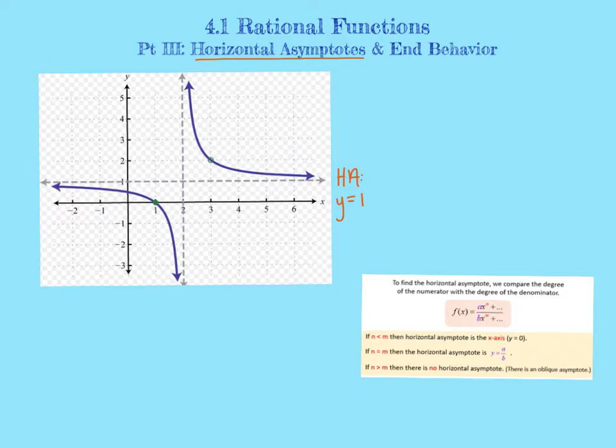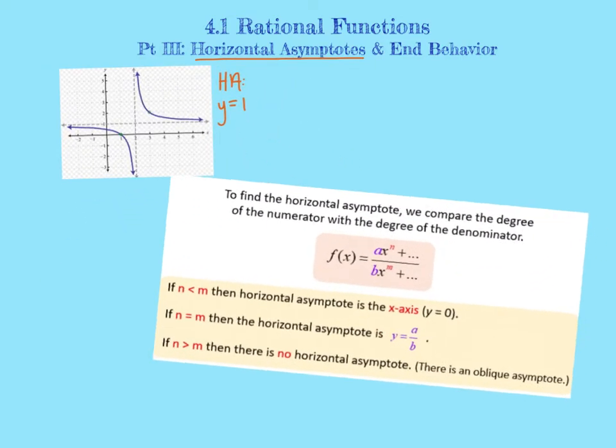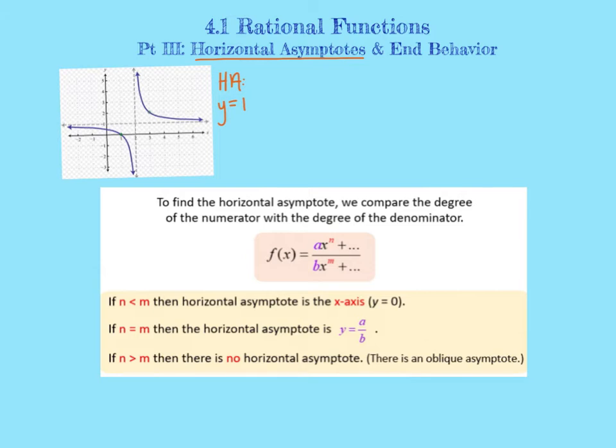So we do have a few rules for horizontal asymptotes, and I recommend that you write those down. We'll make this real small, and here are the rules. In order to find the horizontal asymptote, we find both the degree of the numerator and the degree of the denominator, because again, a rational function is one that has two polynomials, one up top and one down below.